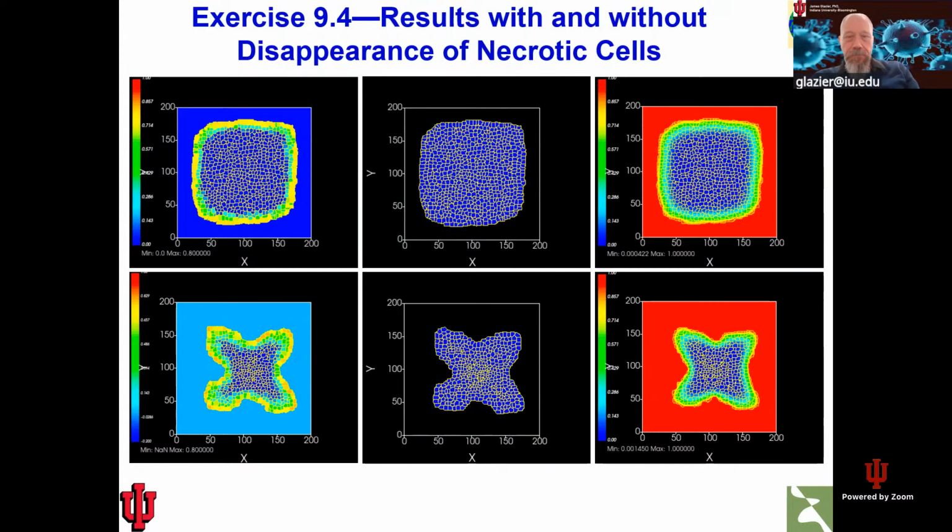So for the previous cases, the cells fill up the domain because the lattice size is too small. So it will just reach there. So let's see.